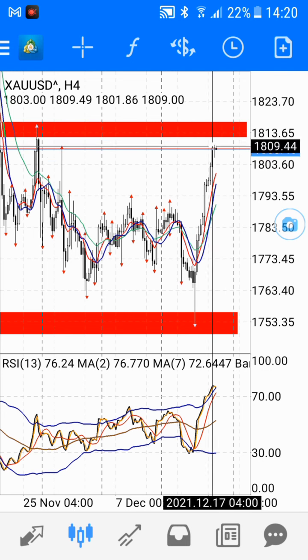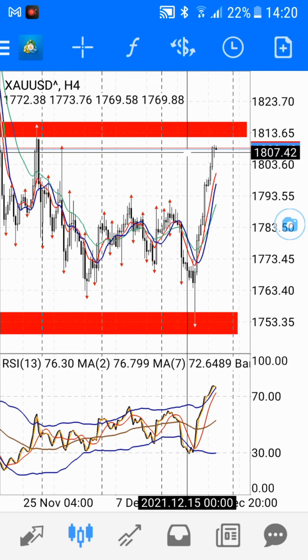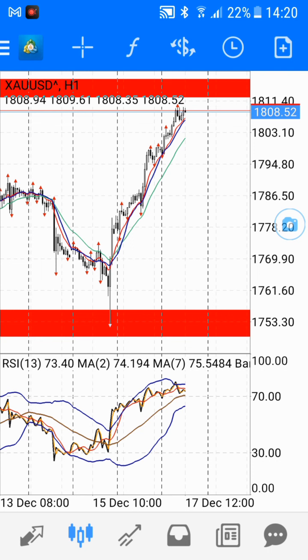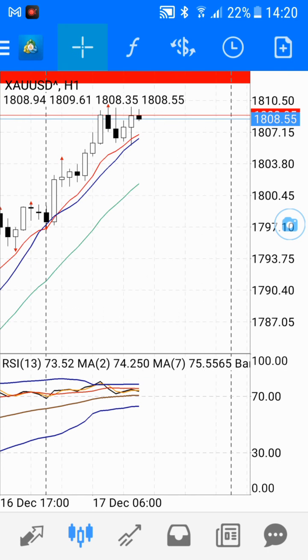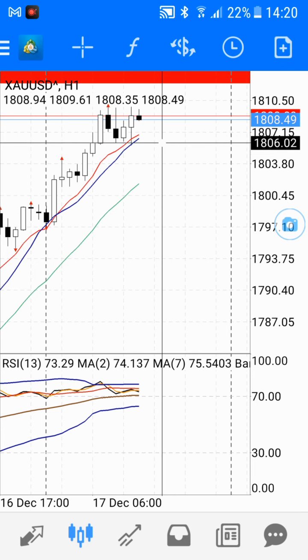See, price is on the exact resistance area there. So I'm going to be watching price now to see what price does, and when price reaches a particular area, which is there, the minute price breaks that area there, I'll be in for a sell. All right.